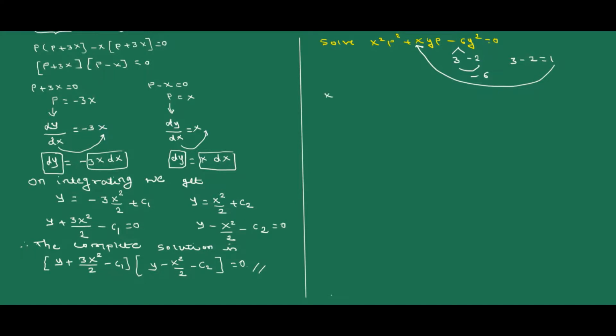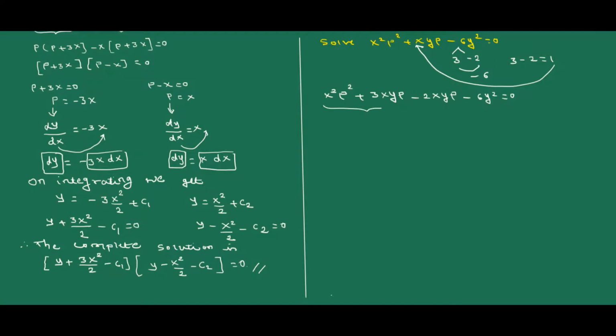So we can write it as x square p square plus 3xyp, and next minus 2xyp minus 6y square is equal to 0.